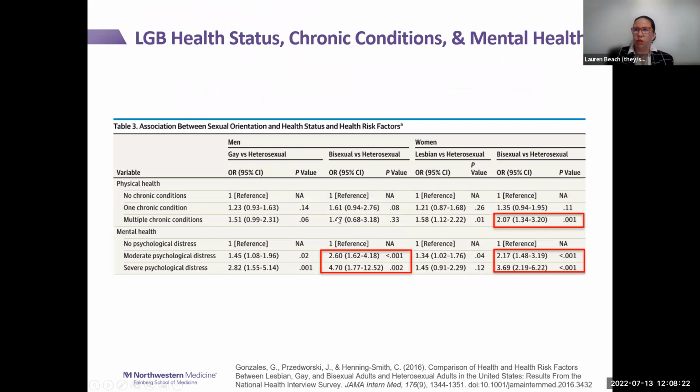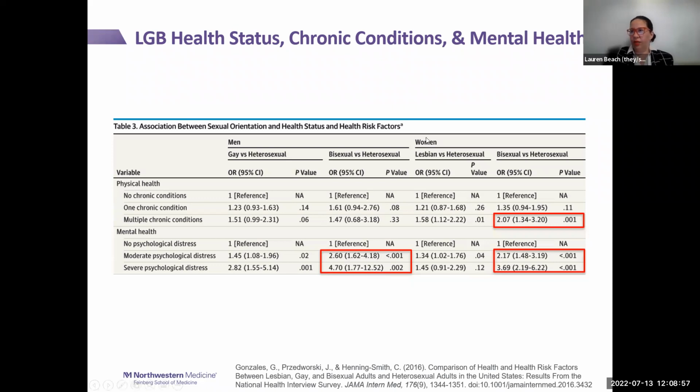So when we look at chronic conditions and mental health, this is using the National Health Interview Survey data set. Again, among men, bisexual men are experiencing high levels of moderate and severe psychological distress compared to heterosexual men. The confidence intervals overlap, but especially for moderate it's pretty close; these odds ratios are at least higher for bisexual men compared to gay men.